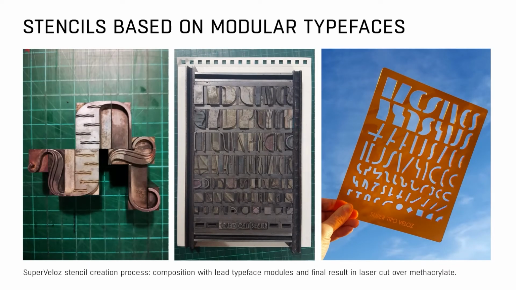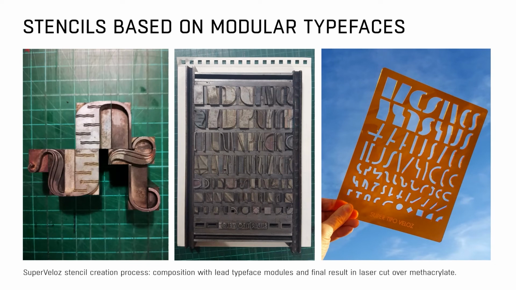Perhaps the most complete and versatile modular typeface in lead is the Super Tipo Veloz. It's an ingenious typographic system composed of more than 300 pieces that allow multiple combinations to create different alphabets, decorative letters, illustrations, and ornaments.